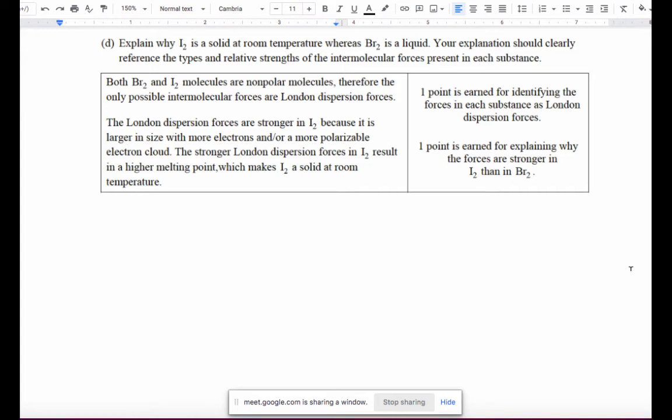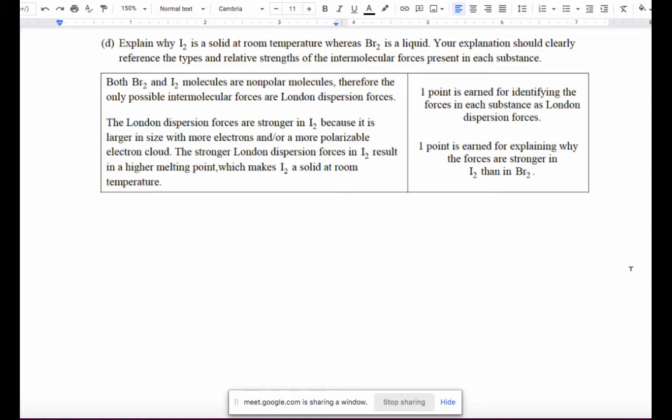Your explanation should clearly reference the types and relative strengths of the intermolecular forces present in each substance. In each substance means you need to tell what type of IMF is in I2, what type of IMF is in Br2. If you think about both of them, I2 and Br2 are both nonpolar.